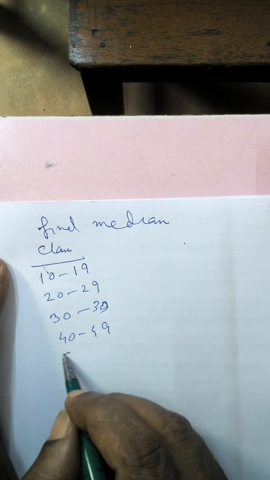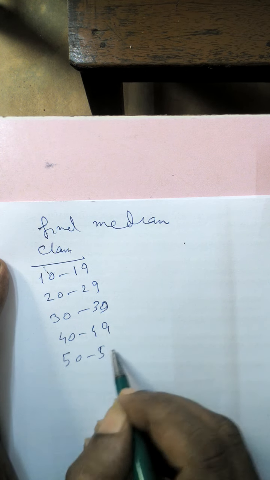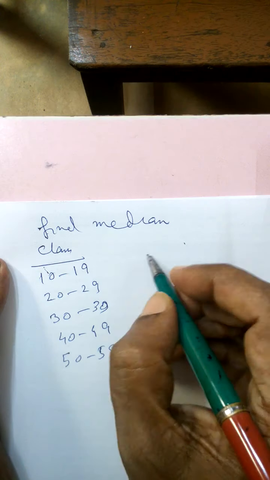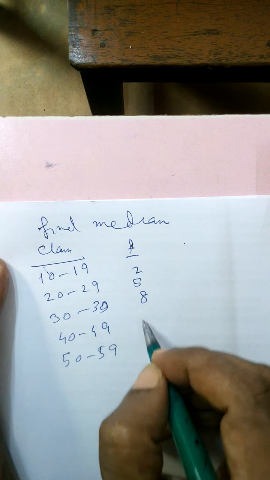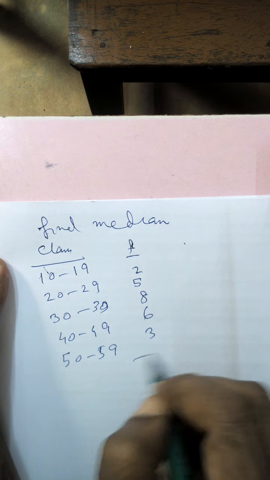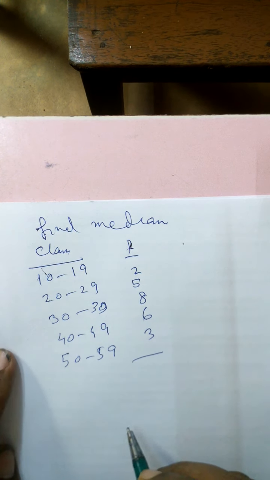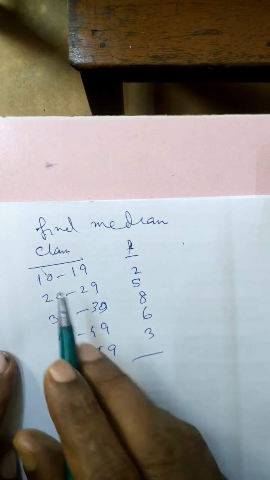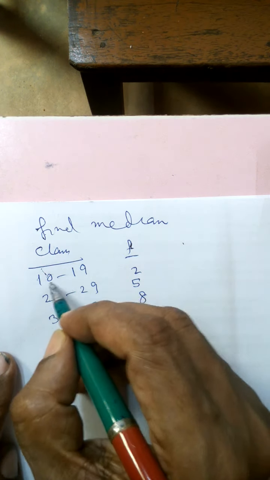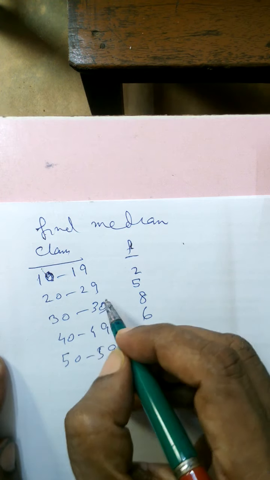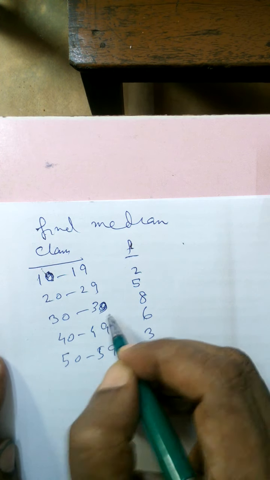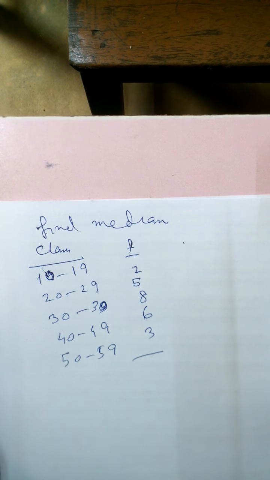Here the frequencies are given as 2, 5, 8, 6 and 3. If you watch the pattern of the classes, that is 10 to 19, then 20 to 29, then 30 to 39, then 40 to 49 and 50 to 59.